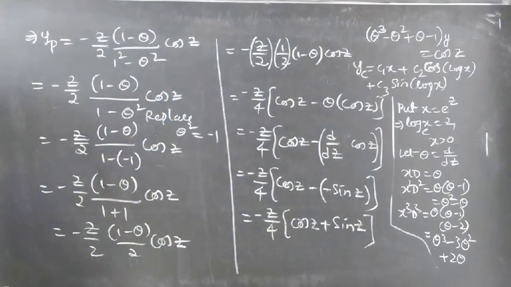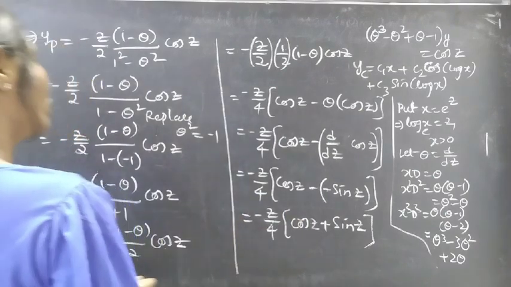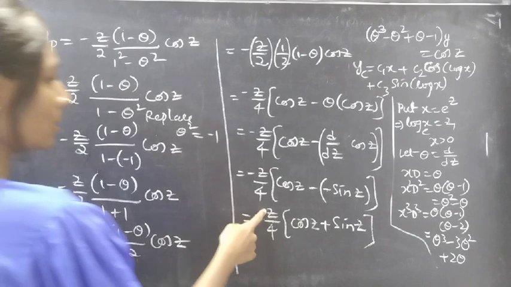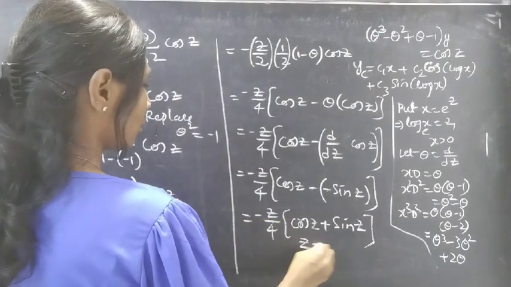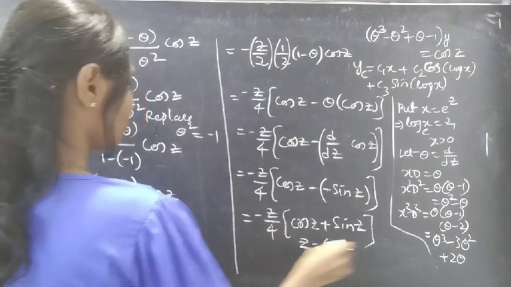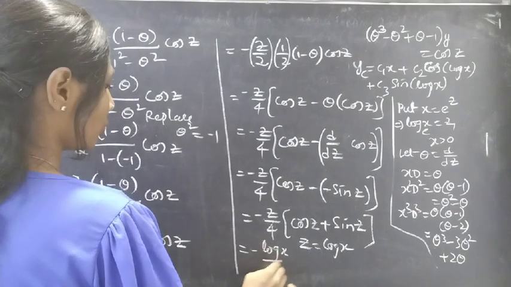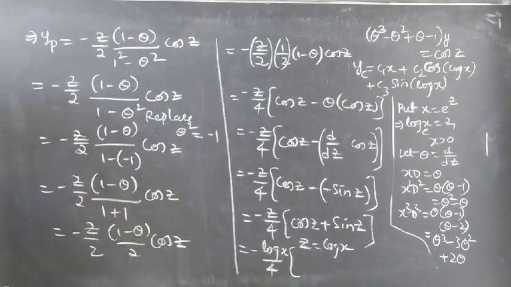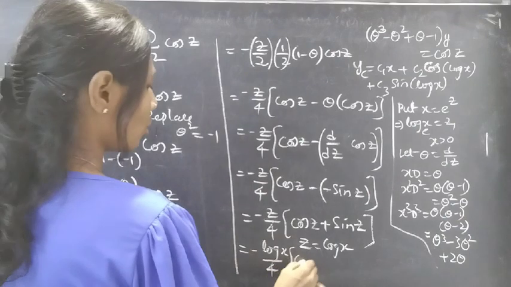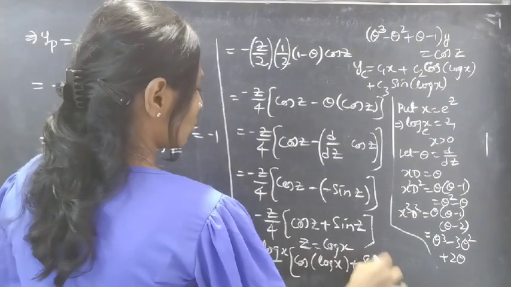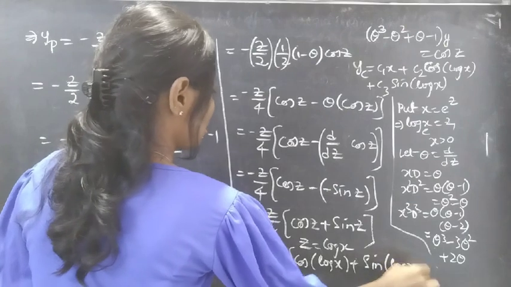Right? Now we have y_p in terms of z, but we need it in terms of x. So what we'll do, we'll just replace z by log x. Then we'll get −log x by 4 into cos of log x plus sine of log x.